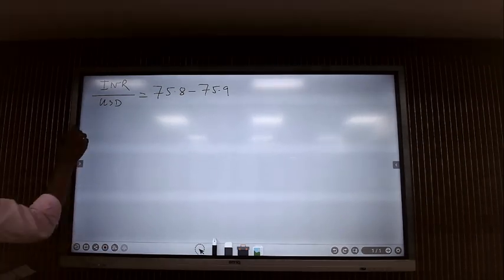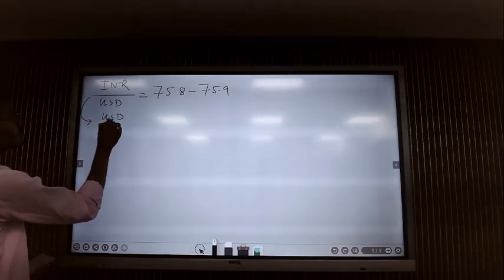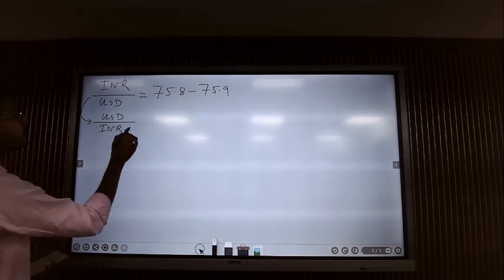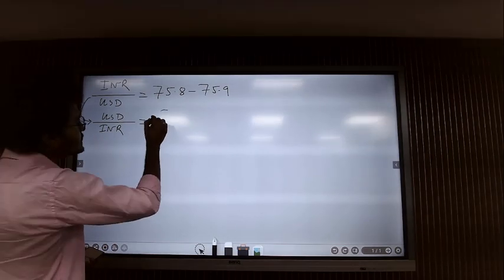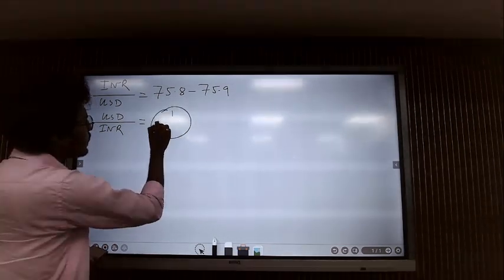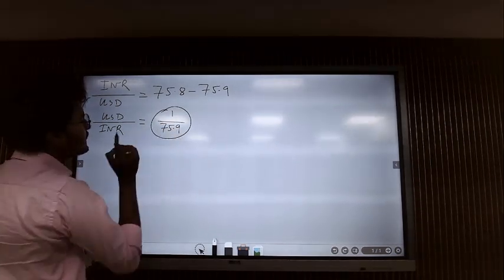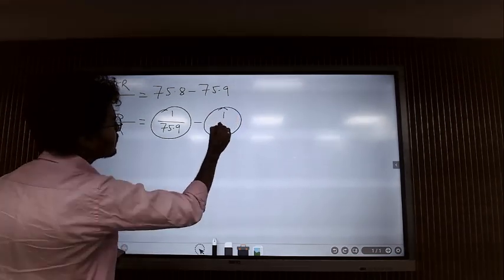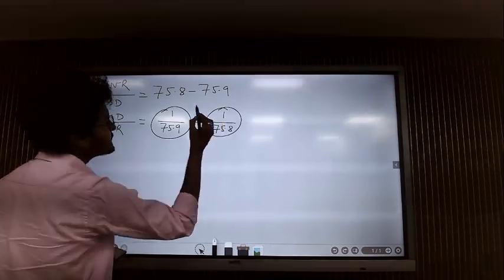So at first, just calculate USD by INR. USD by INR means in the position of bid, 1 by ask 75.9, and in the position of ask, 1 by bid 75.8.